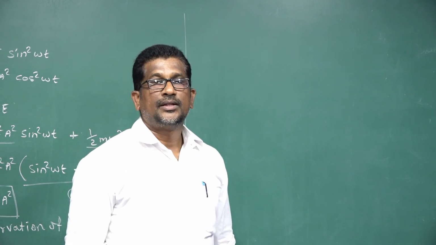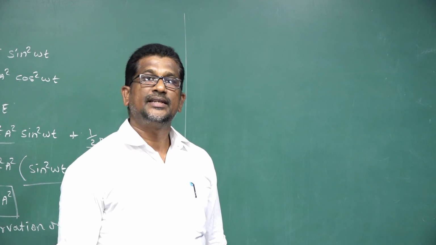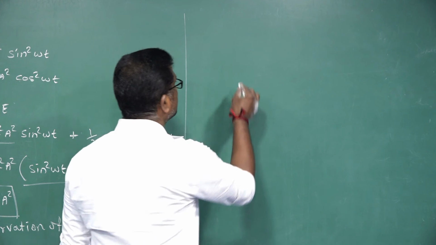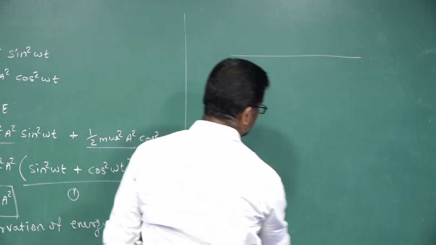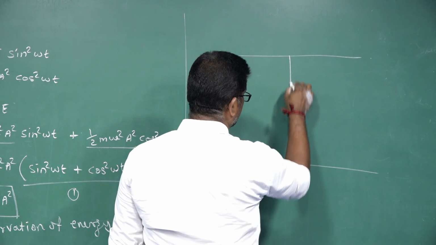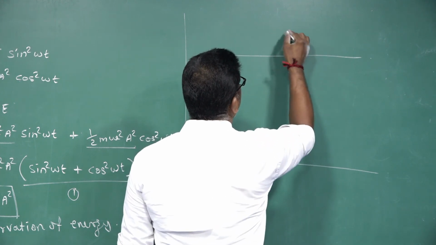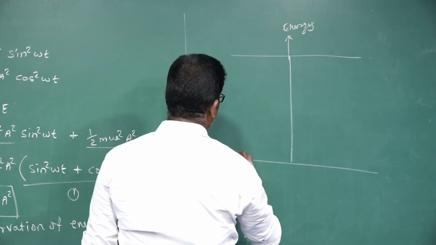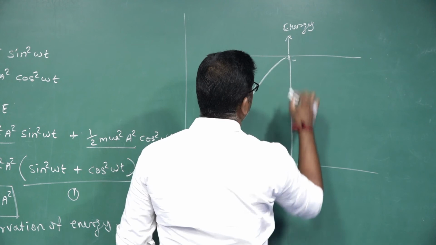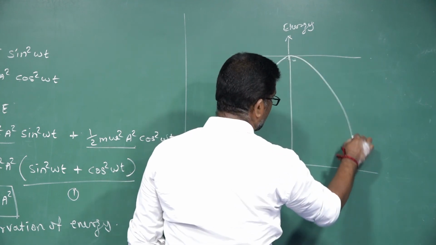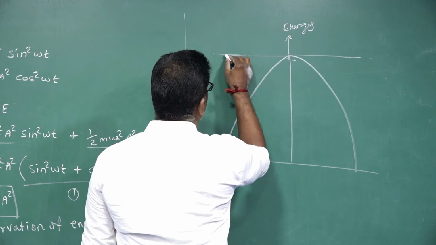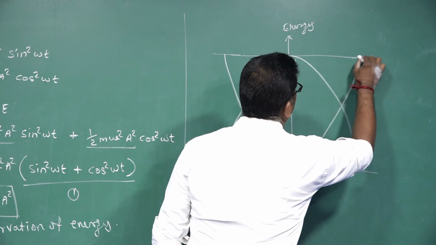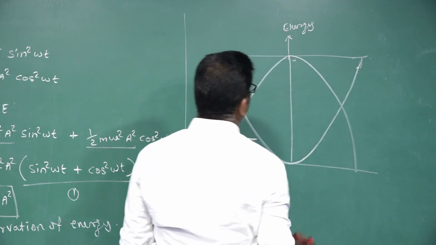Next graph, the variation of potential energy and kinetic energy with respect to distance or displacement.